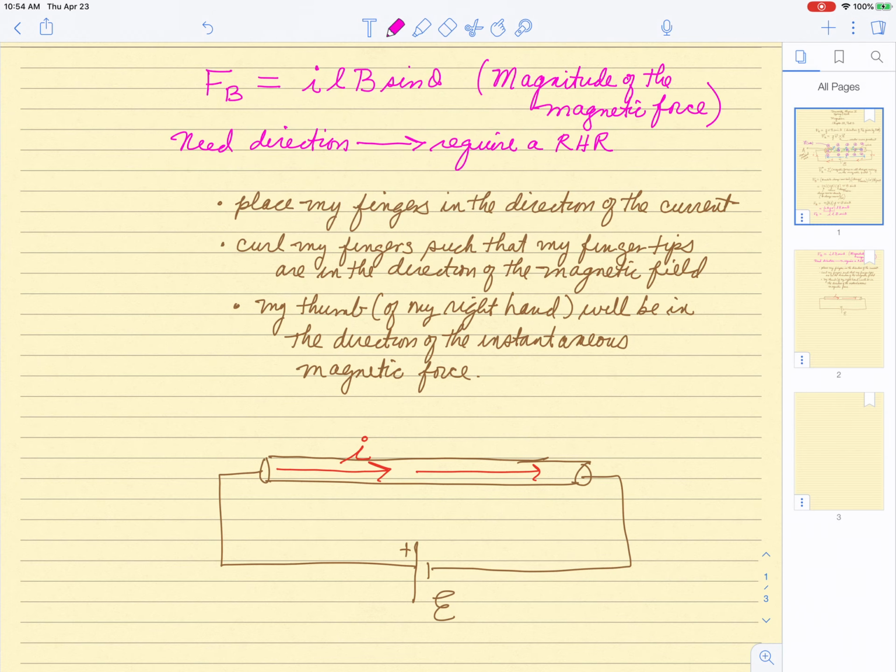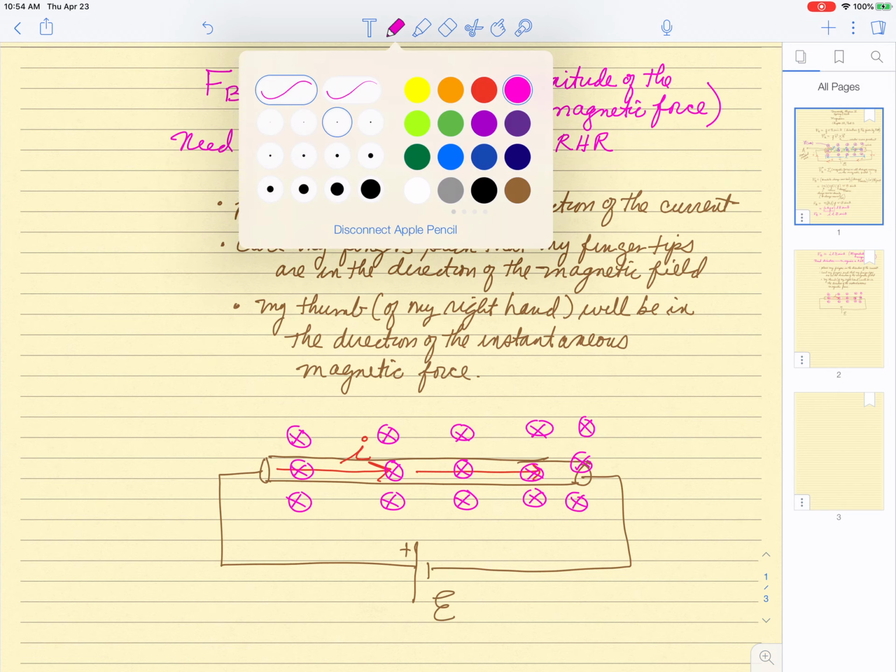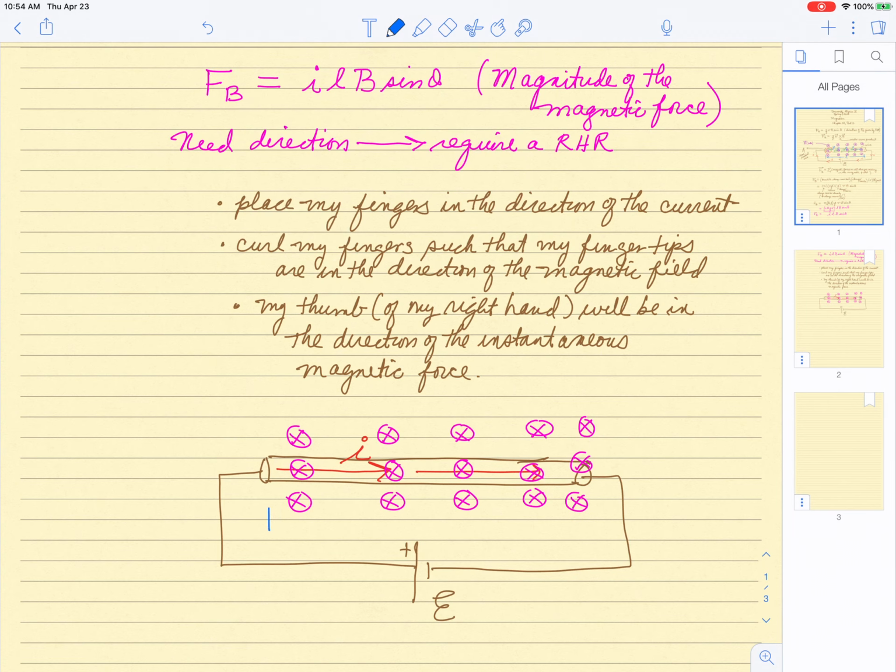We're going to place this wire in a magnetic field. Okay, the wire is going to be of length L, the relevant length that's placed in the magnetic field.